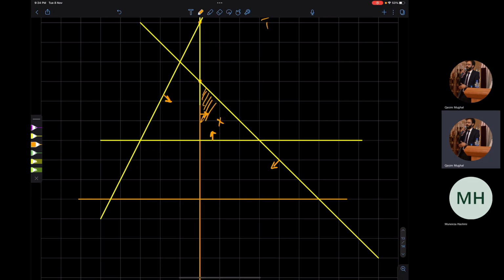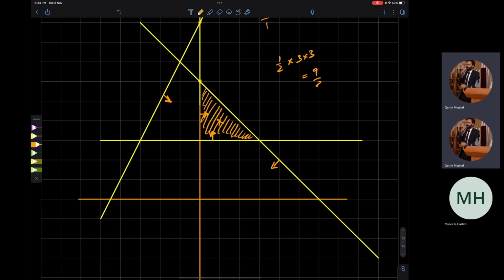So that's the region the examiner asked for, and the next part is asking you to find the area. It's a right angle triangle, so 3 units is its base, and the perpendicular height is also 3 units. So 1 by 2 times 3 times 3, so 9 over 2 is 4.5 squared units.